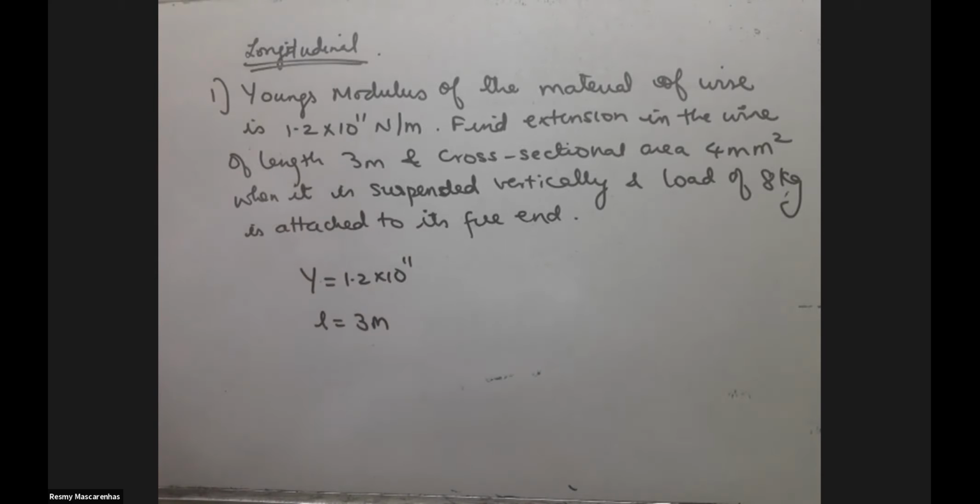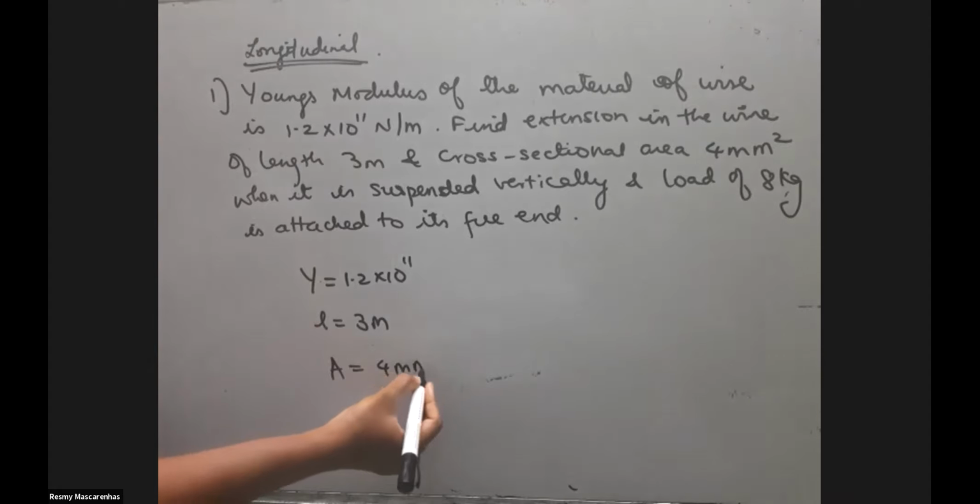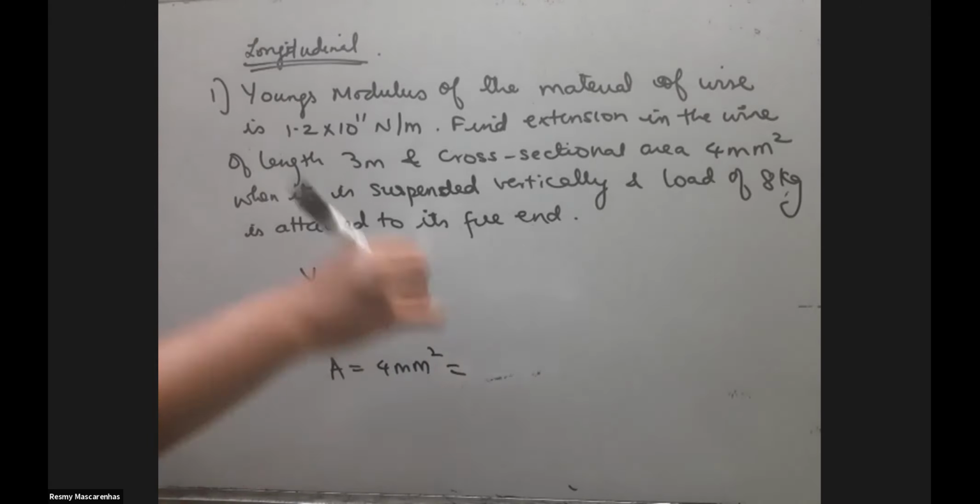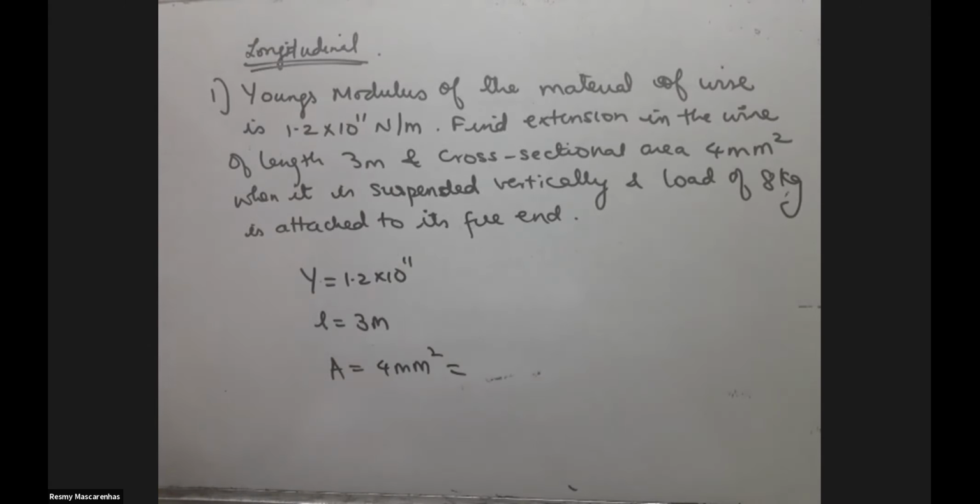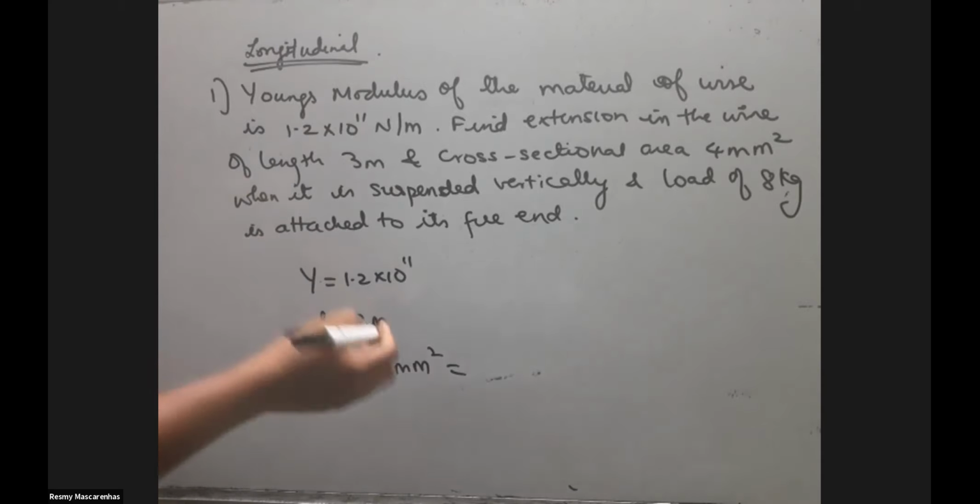Now cross-sectional area has been given directly. Now here you have to be very careful. This is in millimeters. Your standard unit should be in meters. You have to convert this.